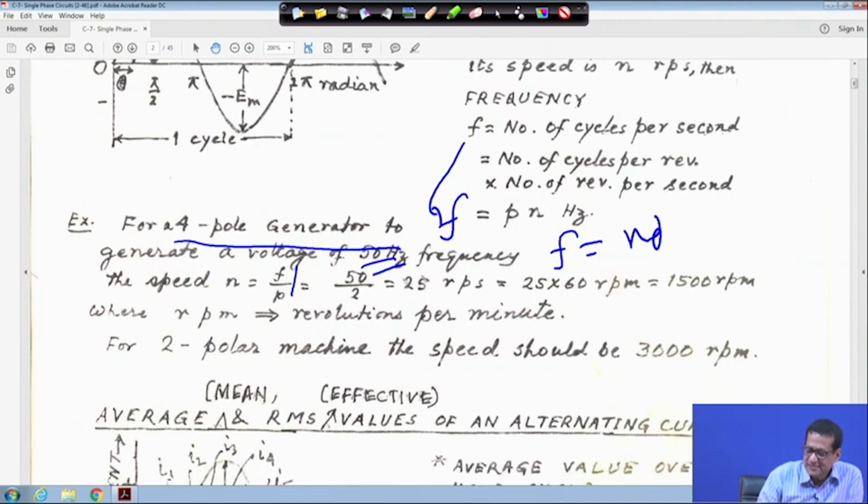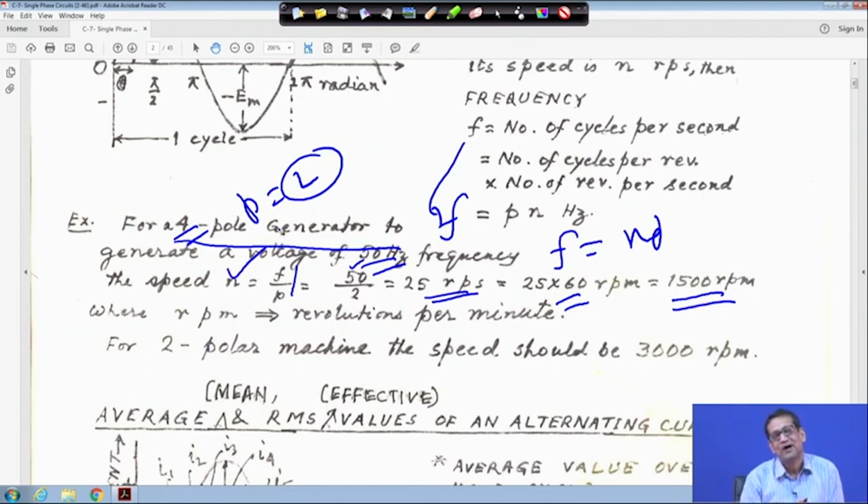If f is equal to 50 hertz and it is a 4 pole generator, that means P is equal to 2, because 4 poles means 2 pairs, N and S. So 50 by 2 will be 25 RPS, revolution per second, and if 1 minute is equal to 60 seconds, multiply by 60. So, it will be 1500 RPM, revolution per minute. That will be your N.